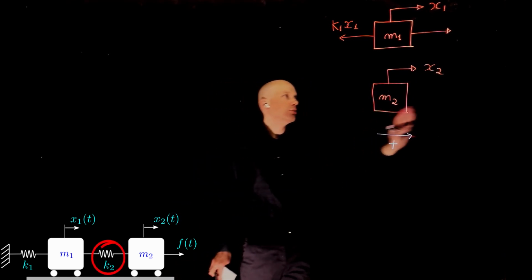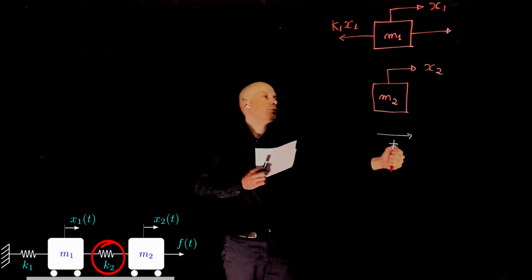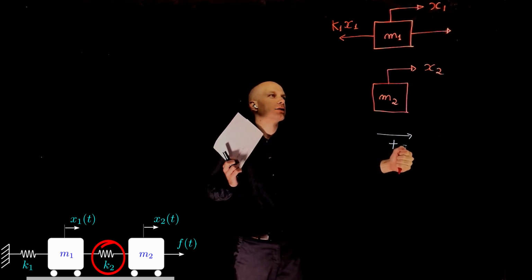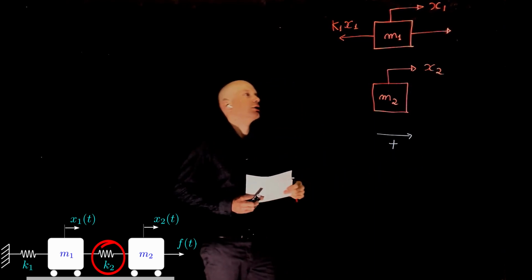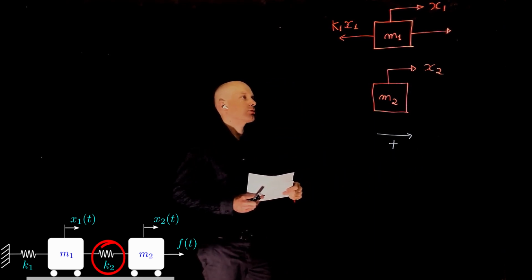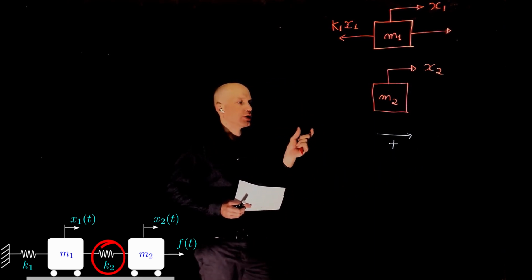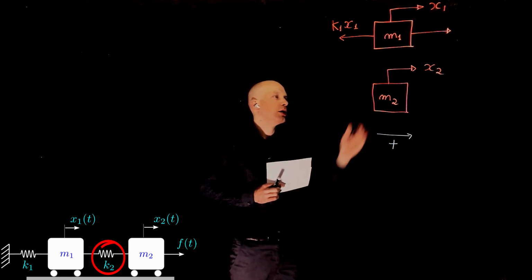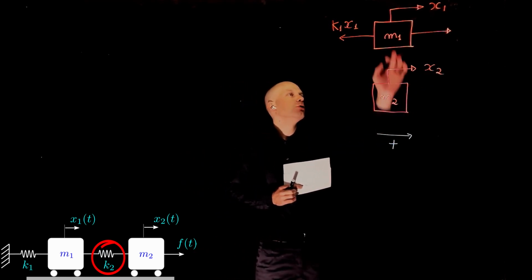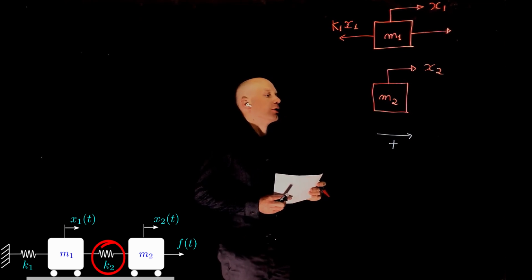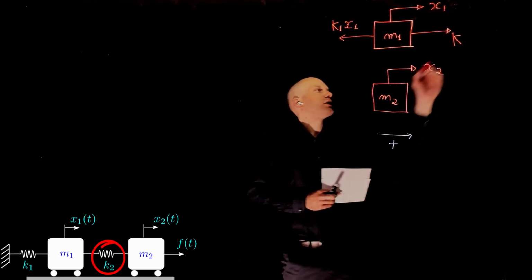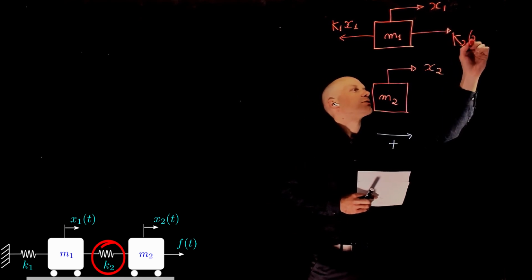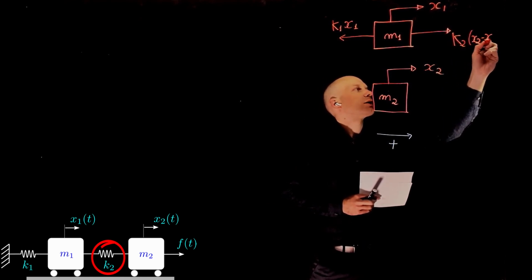If mass m1 moves, it will stretch the spring on one end, and as mass m2 moves, it will also move the other end of the spring. The relative compression of that spring, or the relative displacement, is the motion of mass m2 minus the motion of mass m1. So we can now write that the force on this side is K2 times (x2 minus x1).